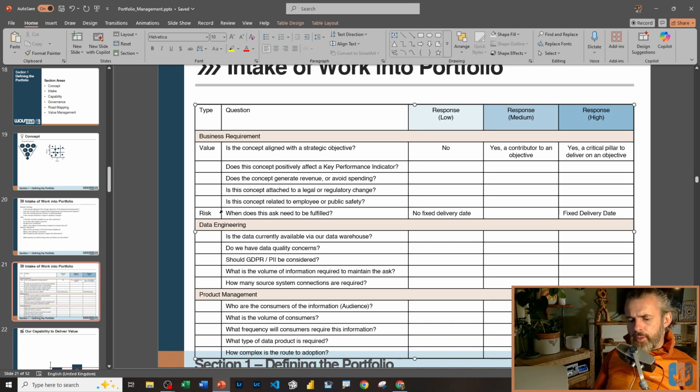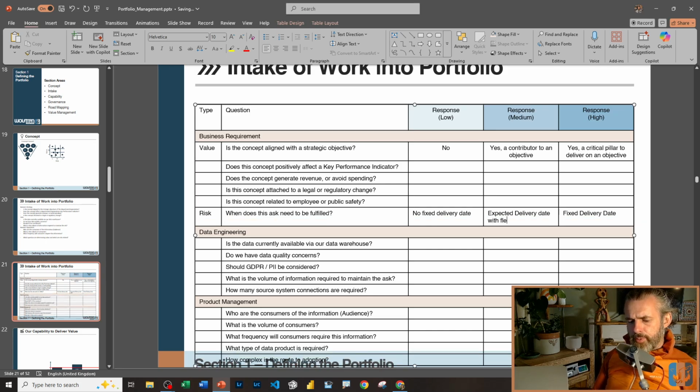And then a medium one would be that there's an expected delivery date with flexibility. Something like that. So the low response would be that there's no fixed delivery date. A medium is that there's an expected delivery date with flexibility. And a high-risk response would be that there's a fixed delivery date.